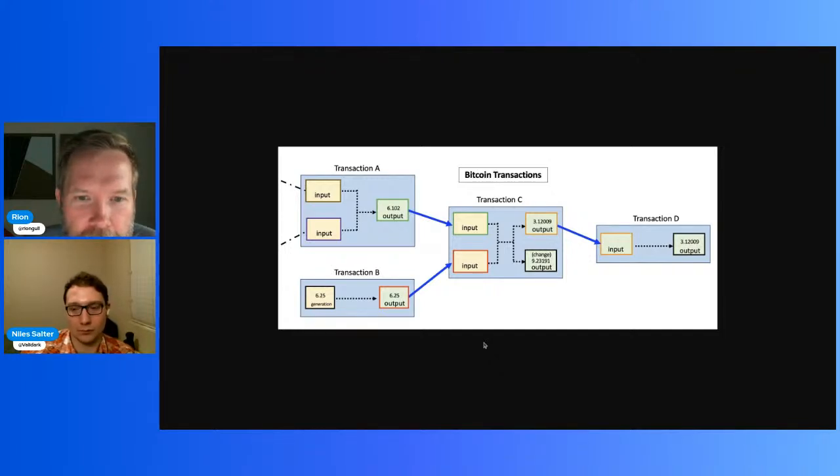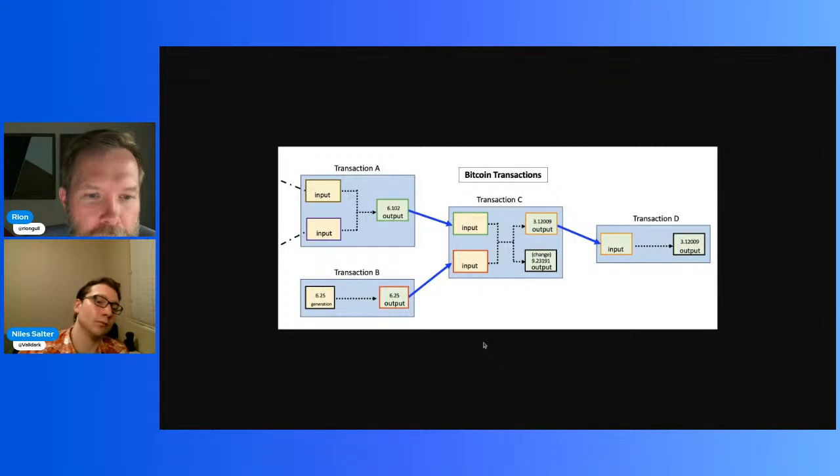And then it looks at the money that it has available, and it says, okay, if I want to create an output of 3.12 Bitcoin or Dash or whatever, I need to collect some inputs. So it's chosen here to say, I have an output from a previous transaction that was sent to me in the amount of 6.102, and I have another one in the amount of 6.25.